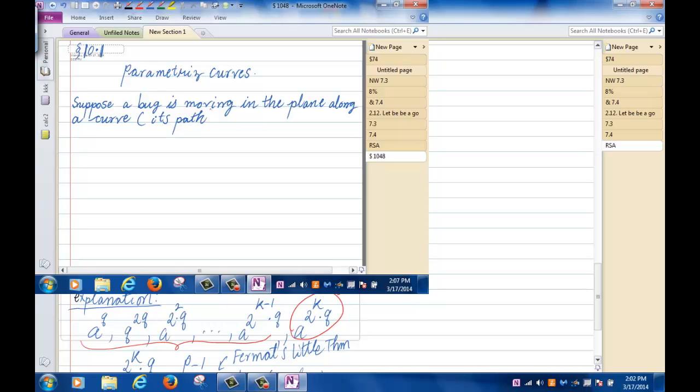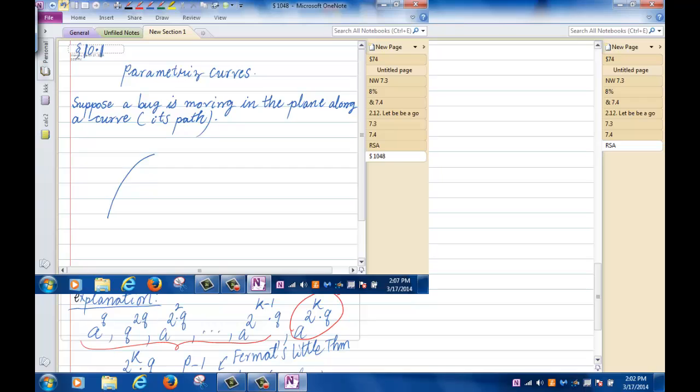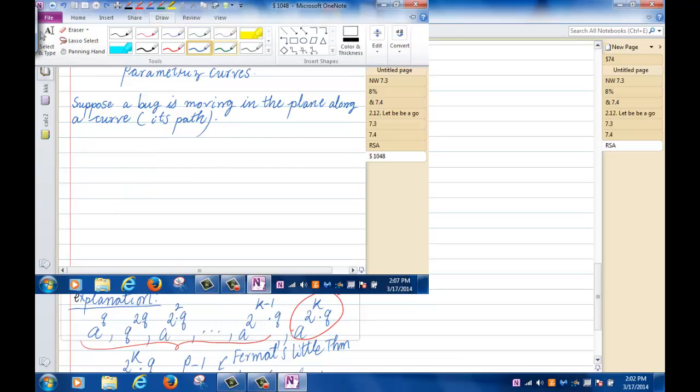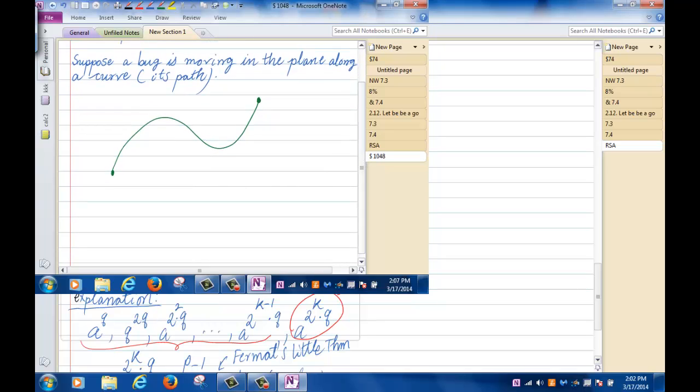So the bug is moving along a curve in the plane, and that curve is the path. So let's say the path looks like the following. Whoops. Want a different color. And this is the initial position of the bug. Maybe this is the end position of the bug, and the bug is a red bug.